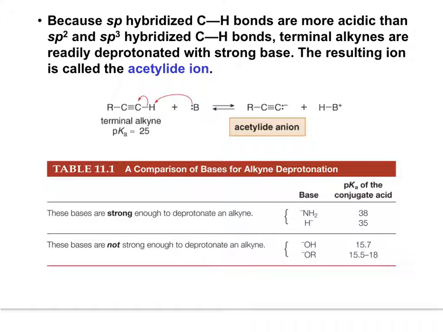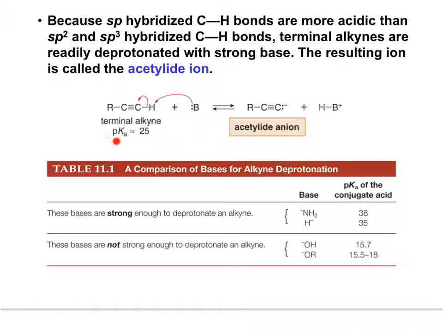Because sp hybridized carbon-hydrogen bonds are more acidic than sp2 or sp3 hybridized carbon-hydrogen bonds, this means that our terminal alkynes can be more readily deprotonated with a strong base. Note I said terminal alkynes because an internal alkyne, although it does have an sp hybridized carbon, will not have a hydrogen on that sp hybridized carbon, so it cannot be deprotonated as easily with a strong base.